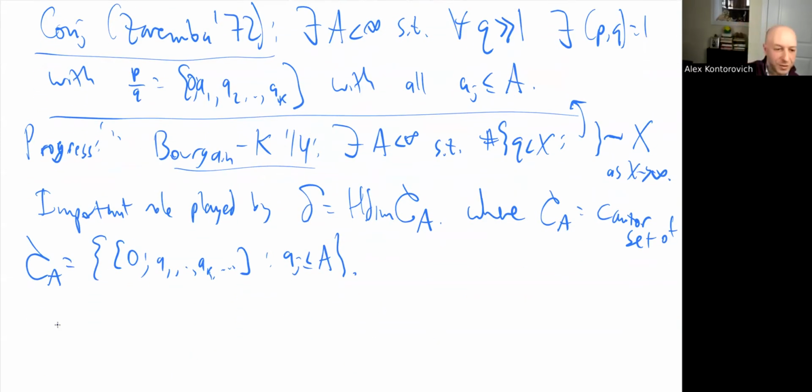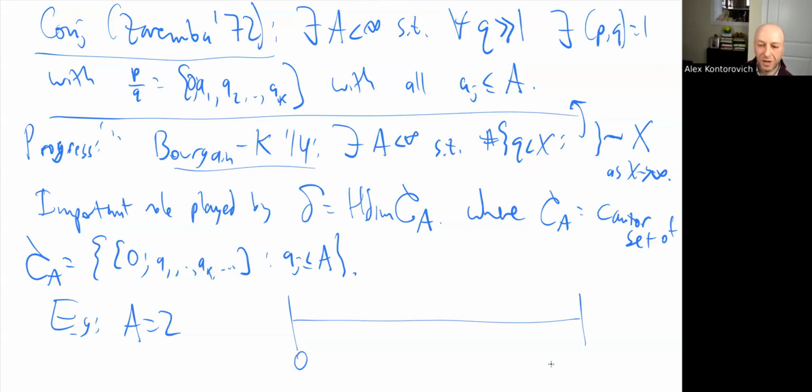So for example, just to give you an illustration, if A is equal to 2, what does this look like? So we're in the unit interval. The first partial quotient being 1 means that the original number was between 1 and a half. And then if the first partial quotient is equal to 2, then the number is between a half and a third. But once you get below a third, the first partial quotient is already larger than 2. So all of these numbers need to be cut out.